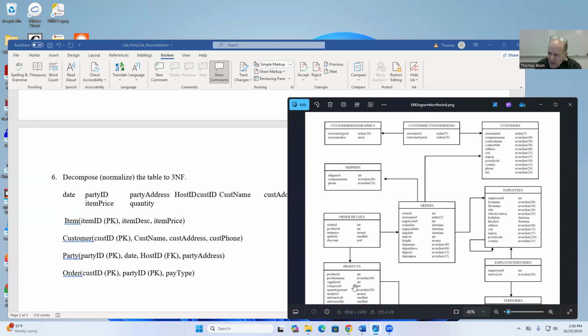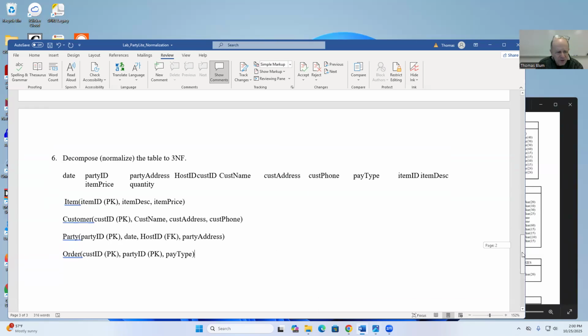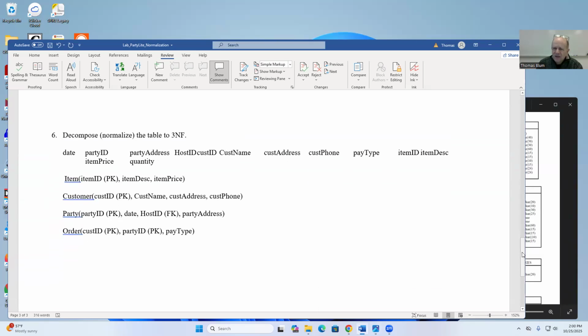An order may have many products. A product may be in many orders. So we need that bridge table. We can call it order details. Some people call it order line. You might call it order item to tell you the two names of the tables you're connecting.